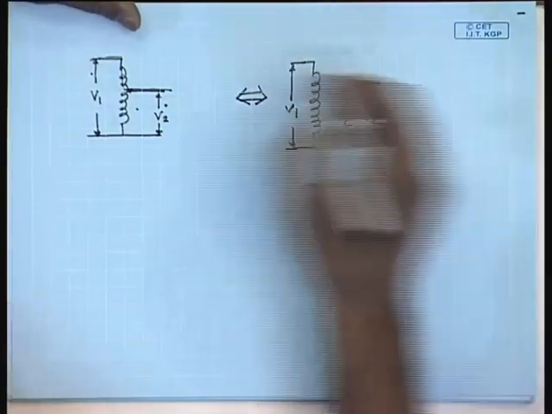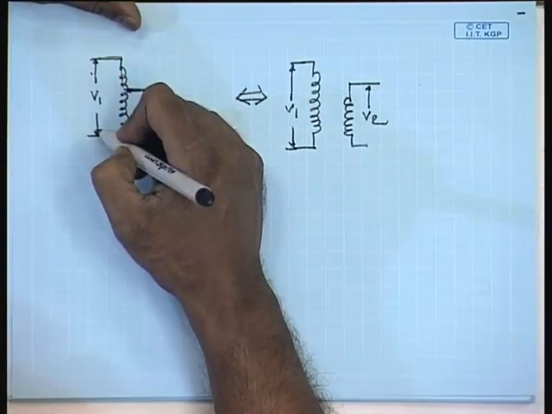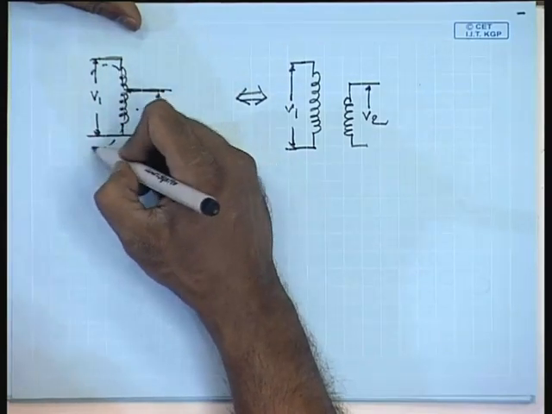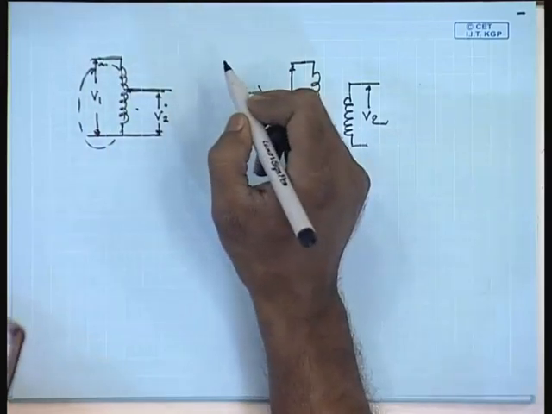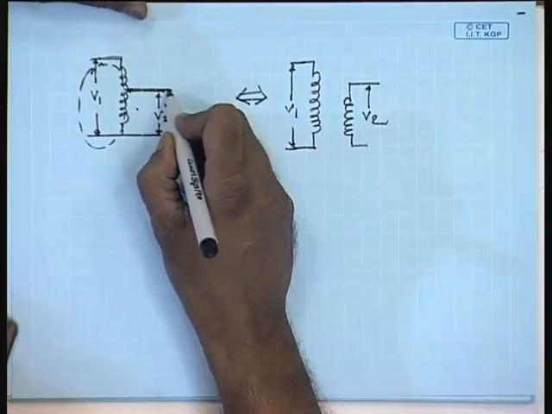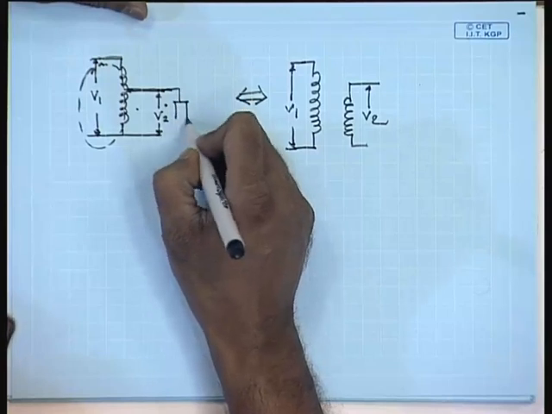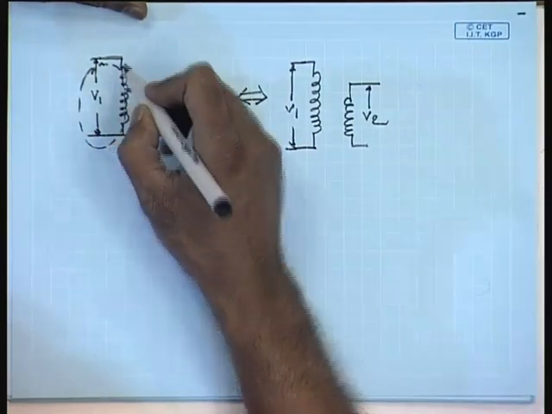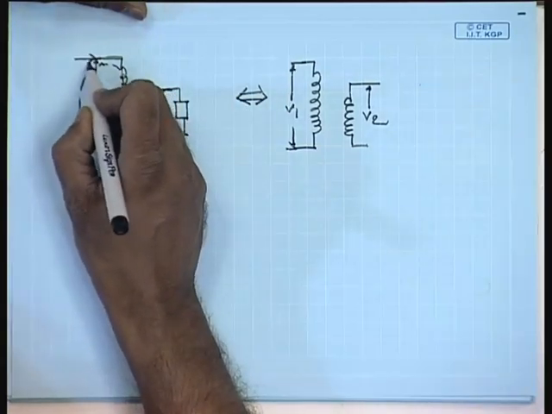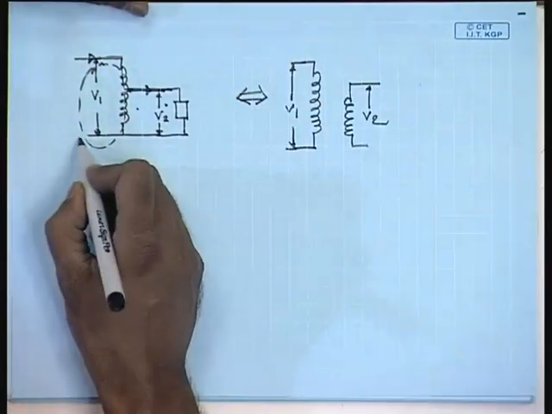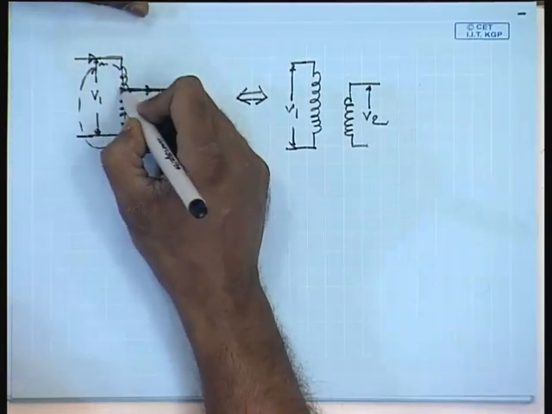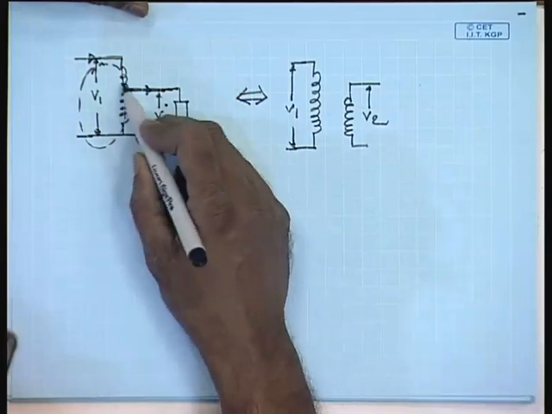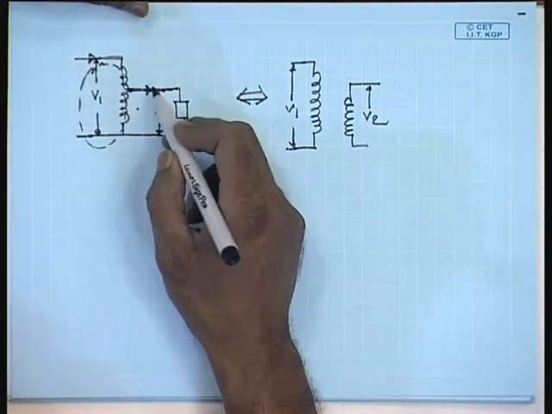By that we mean, when we apply a voltage here, a flux is produced which links both parts of the coil, and when a load is connected here, the current flowing through the load tries to change the flux. As a result, a reflection current is drawn from the primary side. A part of the power is transferred by the conductive path, but a part is transferred by the inductive part as well.